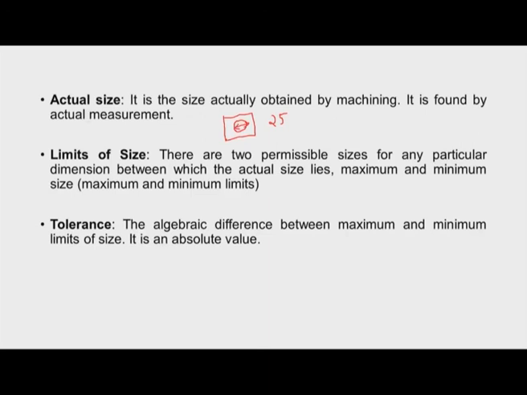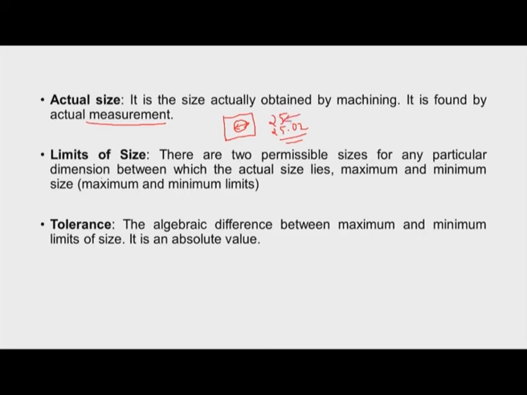It is measured by using some instrument like the micrometer, internal micrometer or vernier caliper. So, the actual size may be 25.02 mm. So, this is the actual size and this is the basic size.